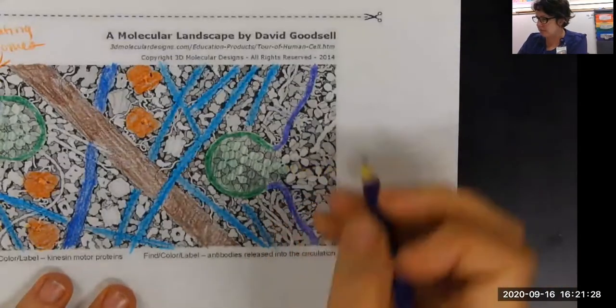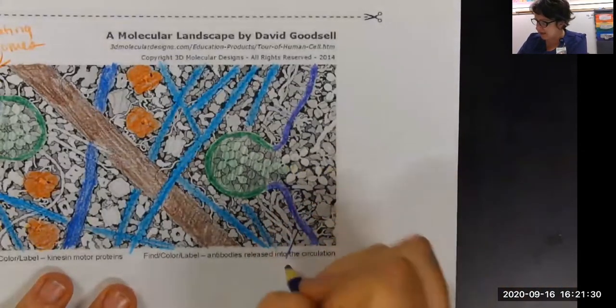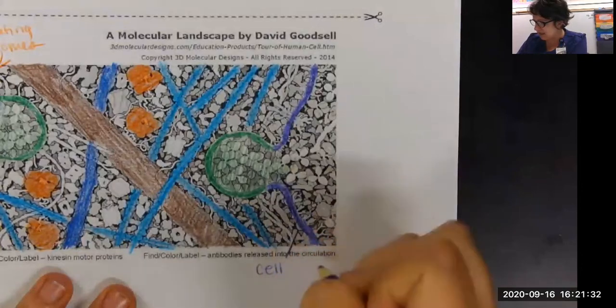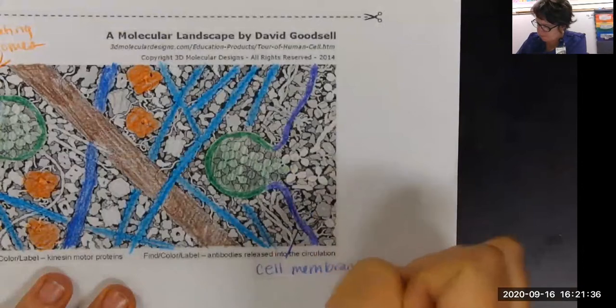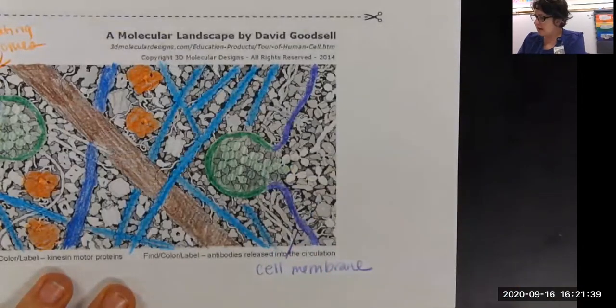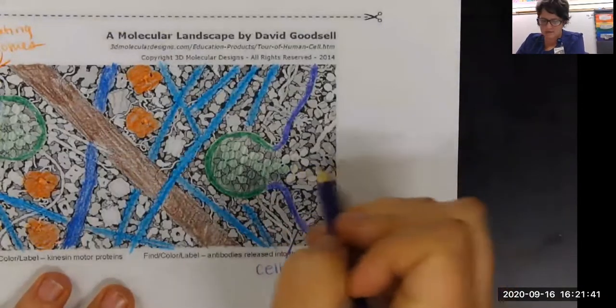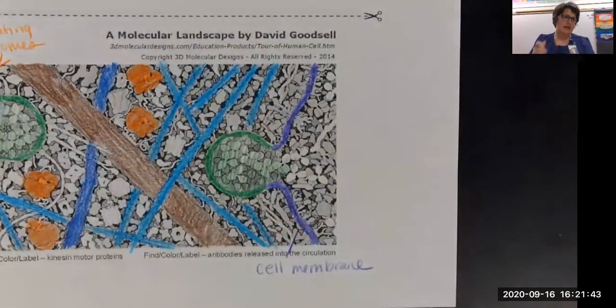Okay, so this is cytoplasm, this guy here, this is the cell membrane. Okay, and this is the outside of the cell if you wanted to add that into your label.